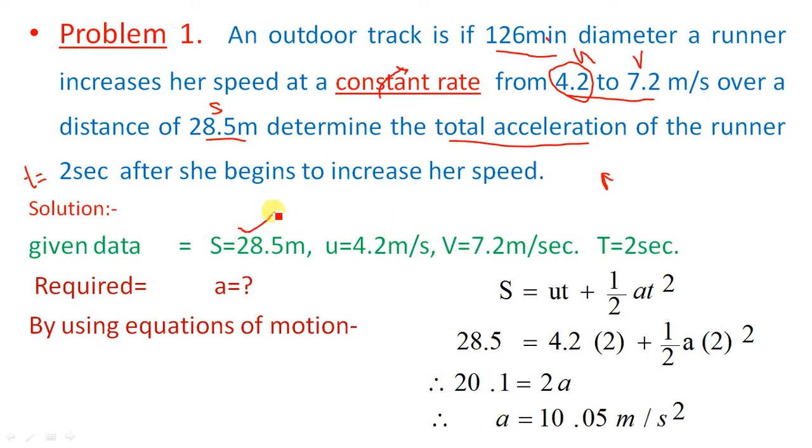So s is 28.5, initial velocity is 4.2, final velocity is 7.2, and t is 2 second. So required value of a.